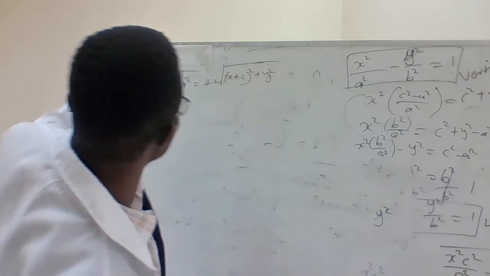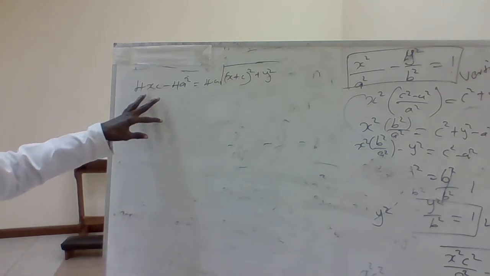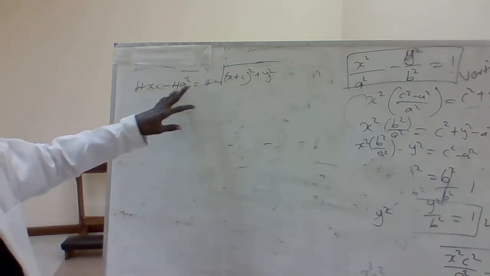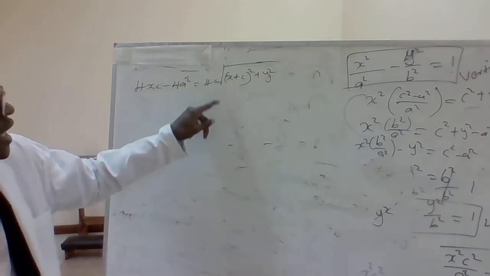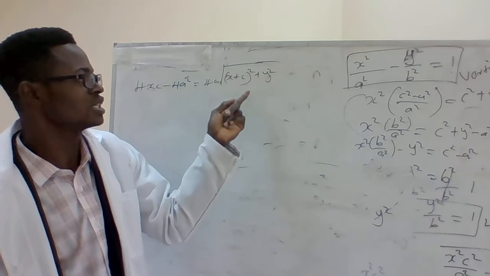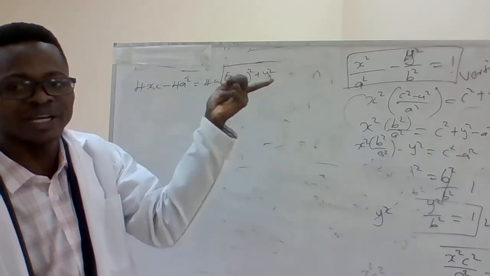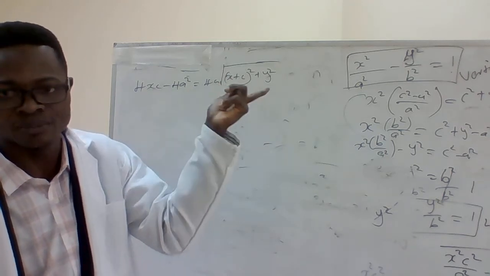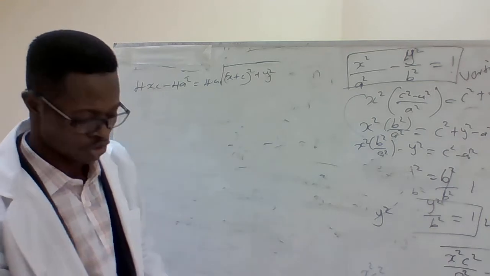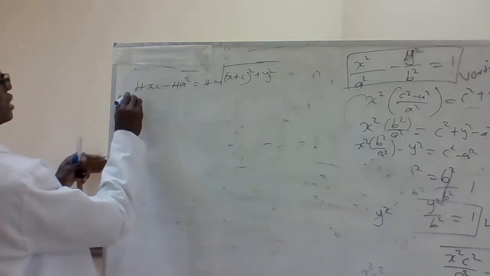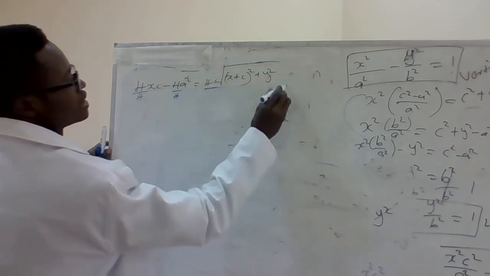So now, if you notice from what we have, 4 is common. We have 4ax minus 4a squared is equal to 4a times the square root of (x plus c) squared plus y squared. So now we can actually divide all the terms by 4 to get rid of that 4. So we divide by 4, divide by 4, divide this by 4.